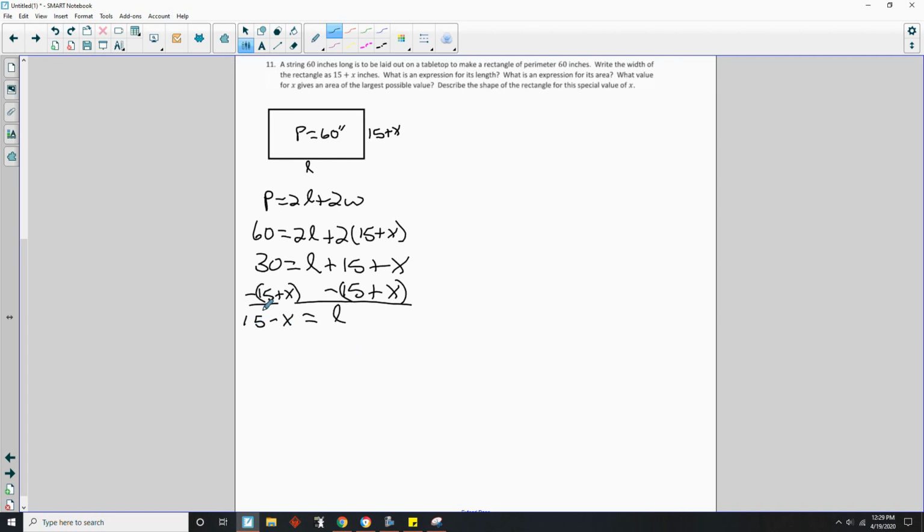So it would be 30 minus 15 minus x equals L, which would give me L equals 15 minus x. Okay, so there it is. L is 15 minus x. So what is the expression of its length? 15 minus x. What is an expression for its area?